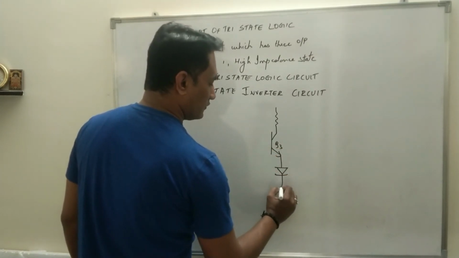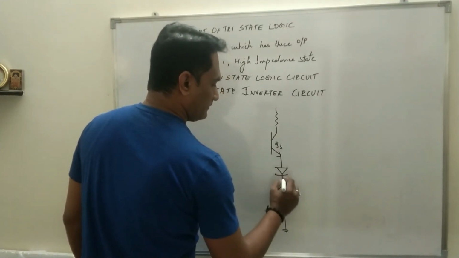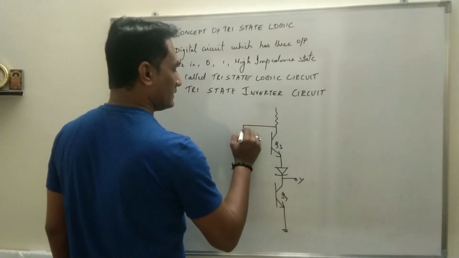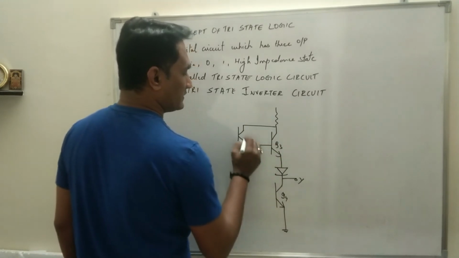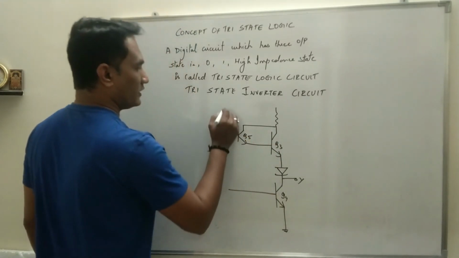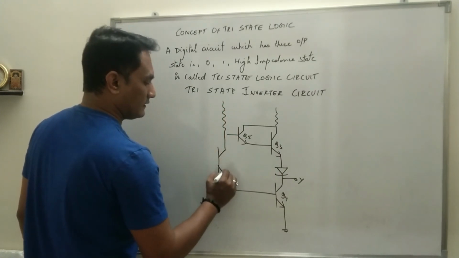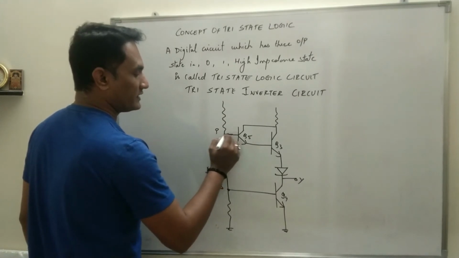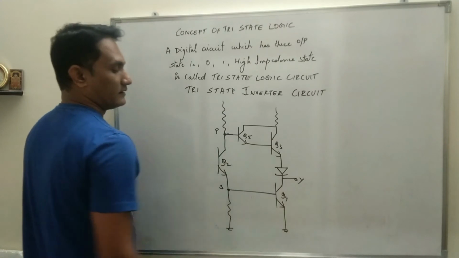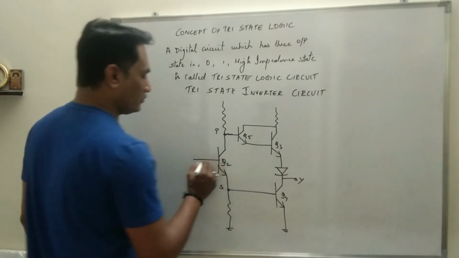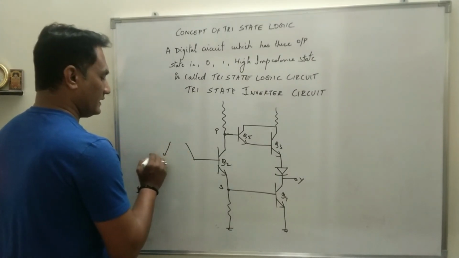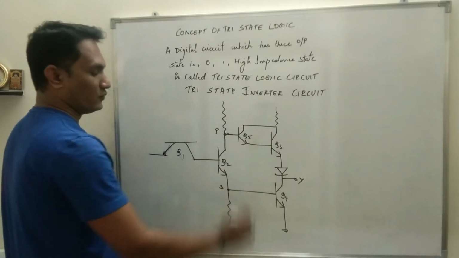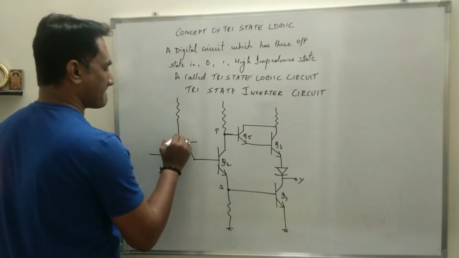Between Q3 and Q4 you connect a gate, and here you will take output Y. Now in this case, Q3 is driven by one more transistor, that is Q5, and Q5 and Q4 are driven by point P and S, and the potential at point P and S is dependent upon transistor Q2, and Q2 is driven by a single emitter transistor Q1.